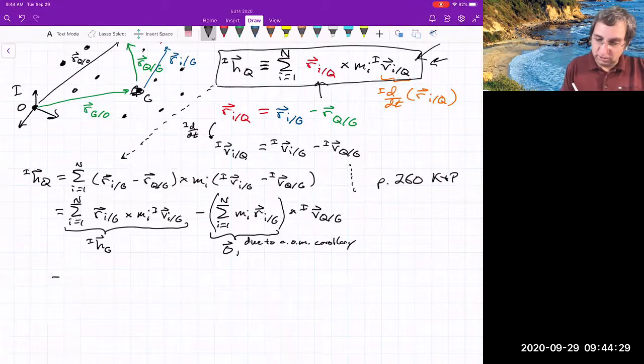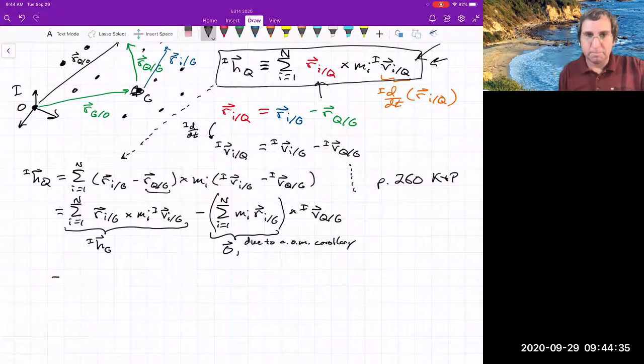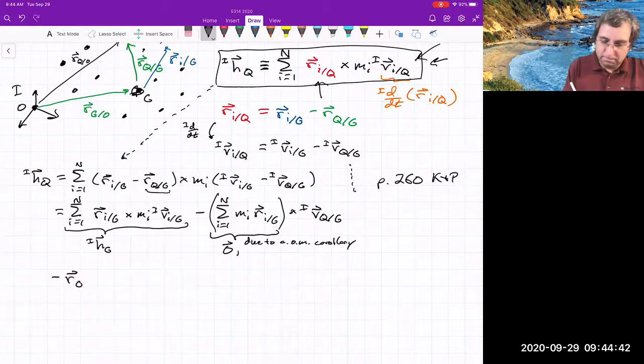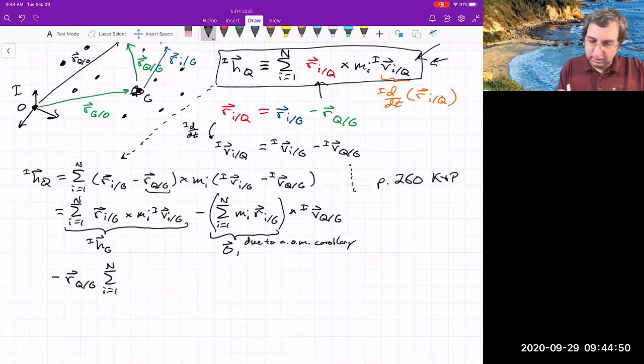So the 2 other terms are, well, we'll have RQG, and RQG doesn't have a subscript I, so it's not going to participate in the summation. We could pull it out of the summation. RQG times the sum, I goes from 1 to n. Actually, there's a cross product here, cross MI, the velocity VIG.